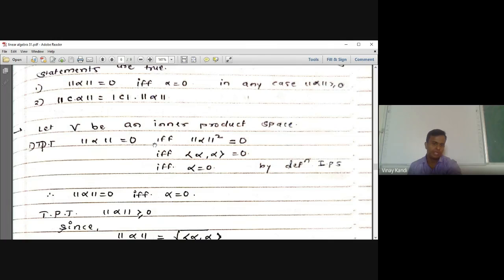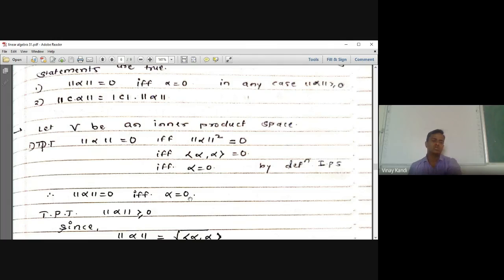It implies norm of alpha square is equal to 0. But norm of alpha square is nothing but the inner product of alpha with alpha, which is equal to 0. But V is an inner product space. Hence, by the definition of inner product space, alpha must be 0. Hence, norm of alpha is equal to 0 if and only if alpha is equal to 0.